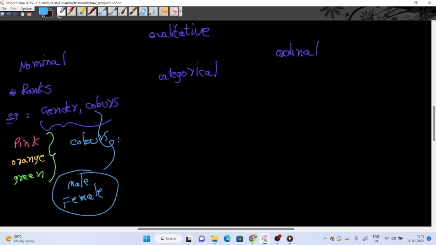We can't give ranks to them. For example, let us consider that there were students in a class, boys and girls, and they got some marks in their assessment. How will we give the ranks for them, based on their marks or based on their gender? It's definitely not based on their gender. So that's why this is nominal data, which means they will not have any kind of ranks.